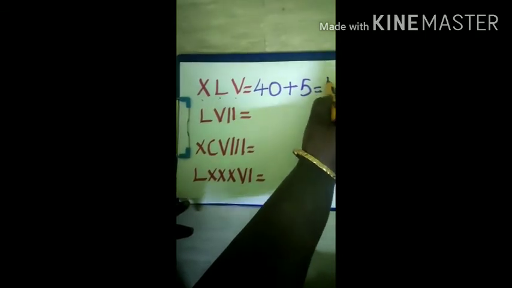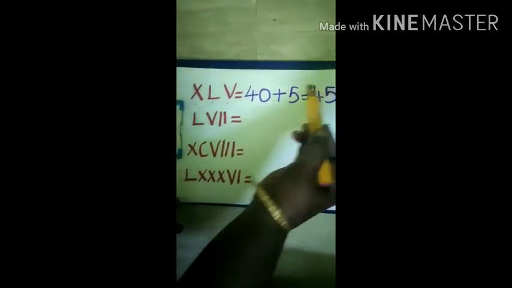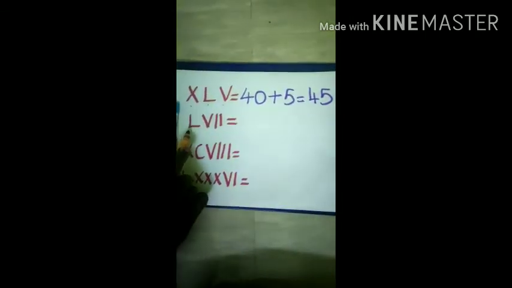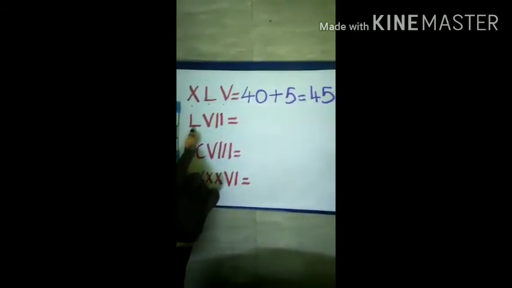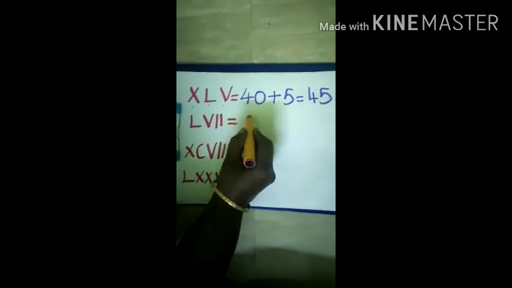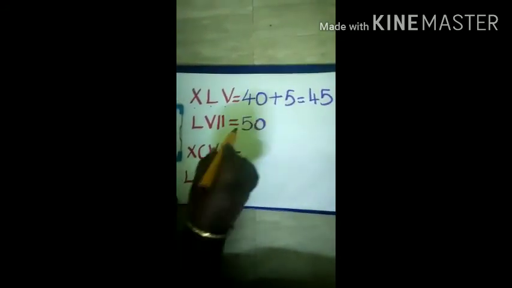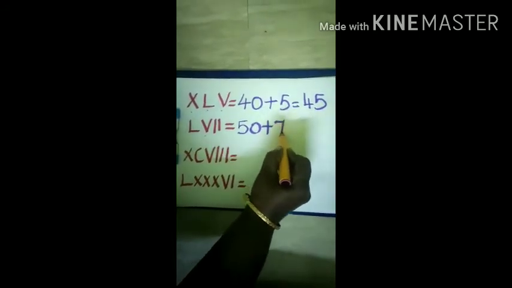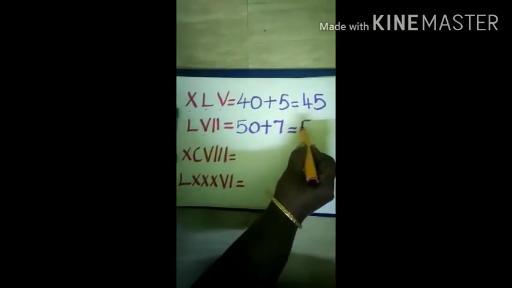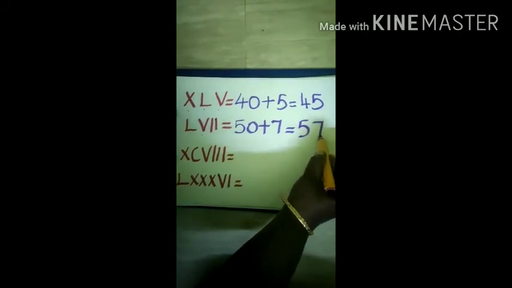So 40 plus 5, it is 45. Next, L, V and II. We know that the value of L is 50. So write 50. And what is this? This is the value for 7. So 50 plus 7, you will be writing 57.